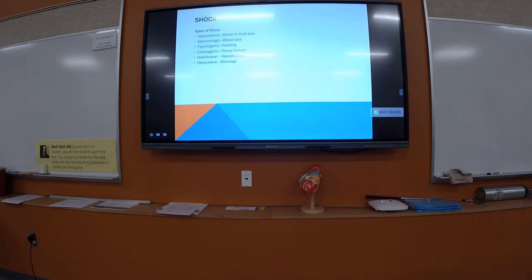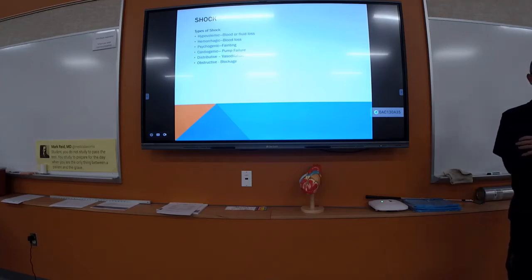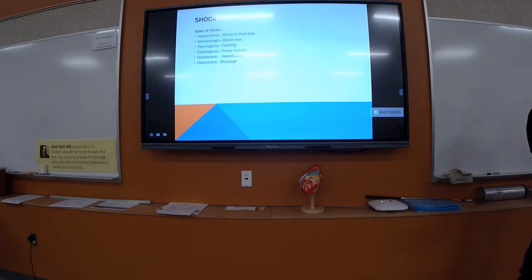The next type of shock listed is psychogenic. This is like fainting. It's like going to the freezer and realizing that someone has put an empty bucket of Bluebell in there. You open the lid and it frightens you so bad that you pass out. Needles, blood.